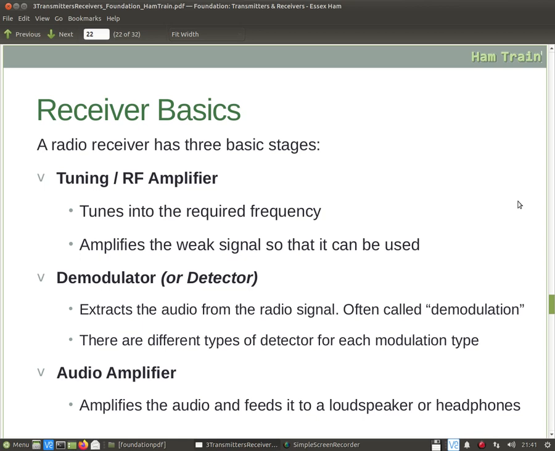This extracts the audio from the radio signal, often called demodulation. There are different types of detector for each modulation type. The final stage is the audio amplifier, and this amplifies the audio signal and feeds it to a loudspeaker or headphones.